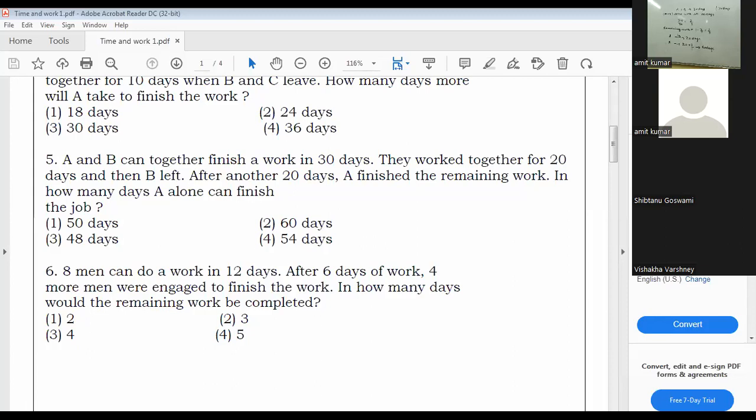Sir, 4 days. We have an option. Yes, why not? If anybody is still trying to solve it, let me know. Otherwise, I will solve it. Okay, nobody is trying. I will solve it.